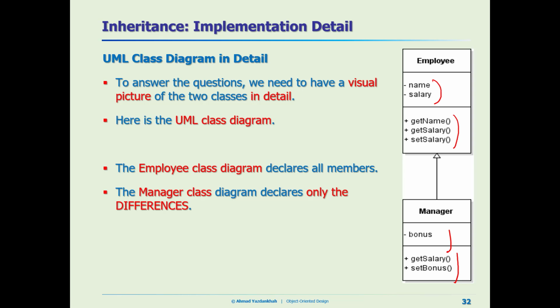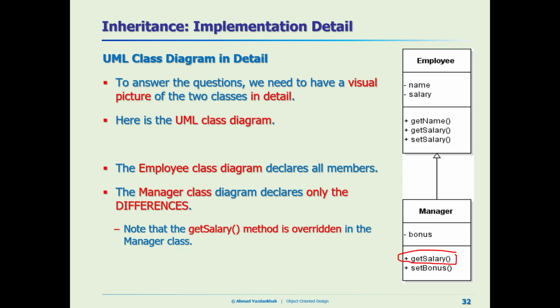All of those that are going to be inherited from here, we don't need to mention here. Just the differences. We have the set bonus, and also here I just ignore the get bonus as well because it's not our concern right now. The get salary is important because here the get salary is different, right? And we need to override it here. And yeah, that's it from here.